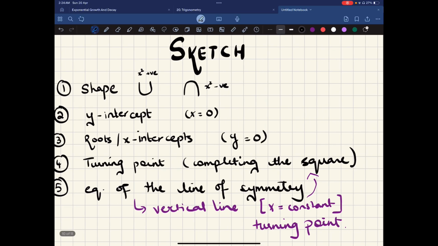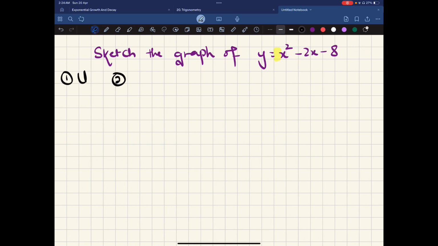Second step: we have to find the y-intercept, so we are going to put x equals 0. So our function becomes y equals 0 squared minus 2 times 0 minus 8. So what is the point that is going to be on our graph? (0, negative 8).